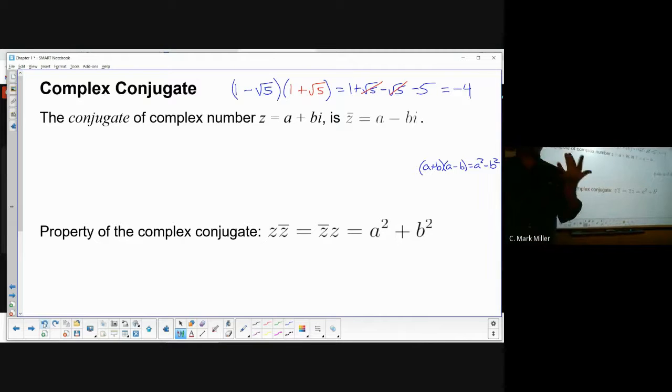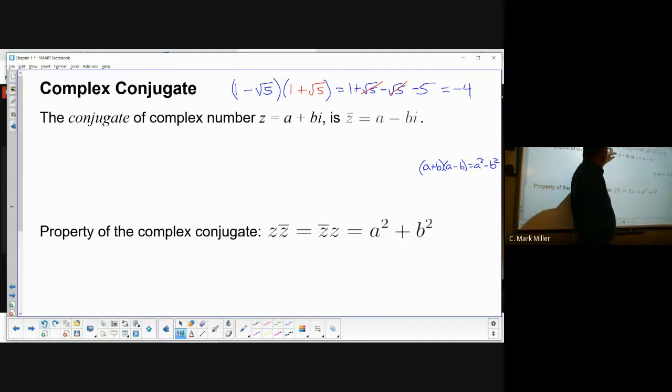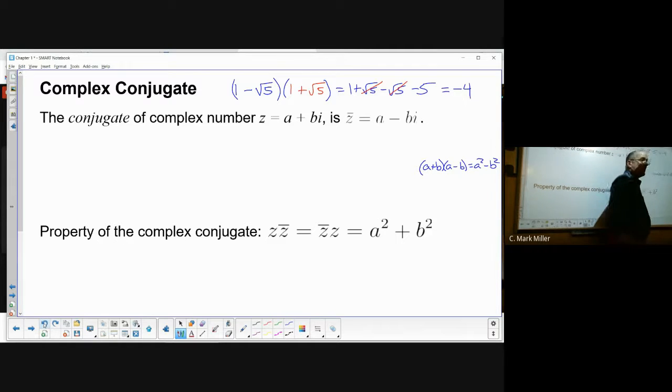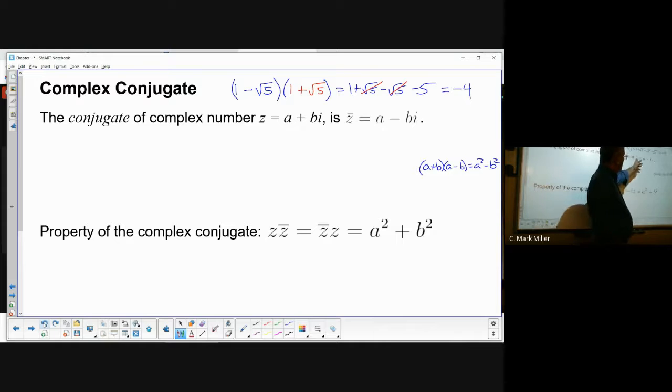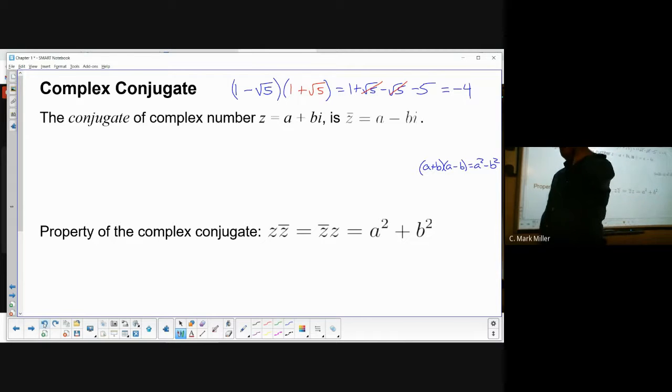So if it's a plus, it becomes a minus, and minus becomes a plus. Here, the b part was minus square root of 5. You flip the sign to get the conjugate, plus square root of 5. And that provides you with this property that the cross terms cancel. So the conjugate of a plus bi is a minus bi.